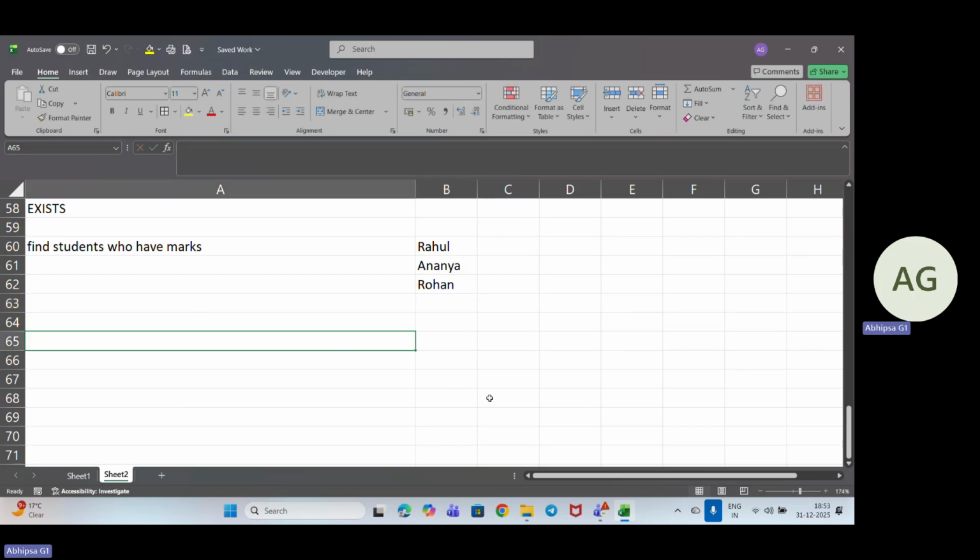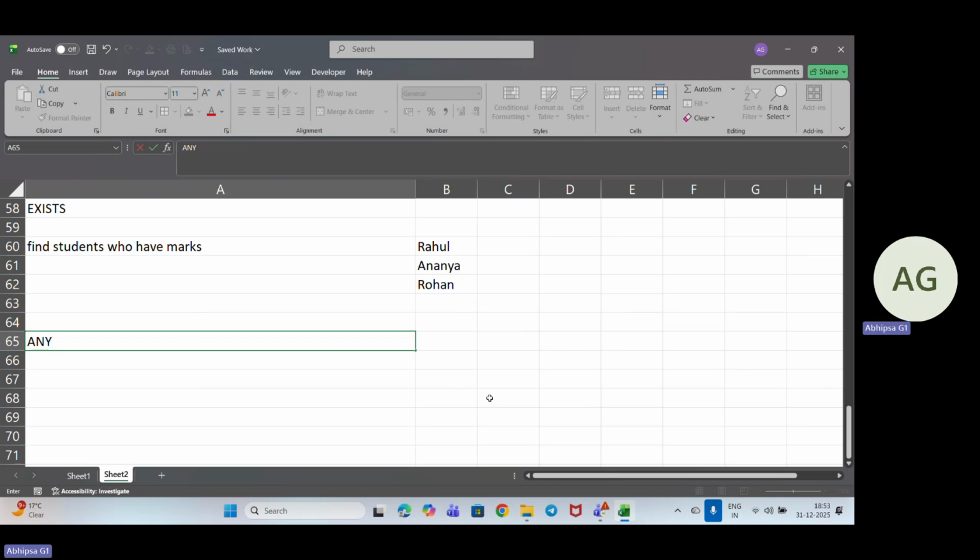Now we have the keyword ANY. What does ANY mean? ANY means comparing with at least one value from the list. For ANY, we use different comparison operators like greater than, less than, equal to, greater than or equal to, less than or equal to, like this.